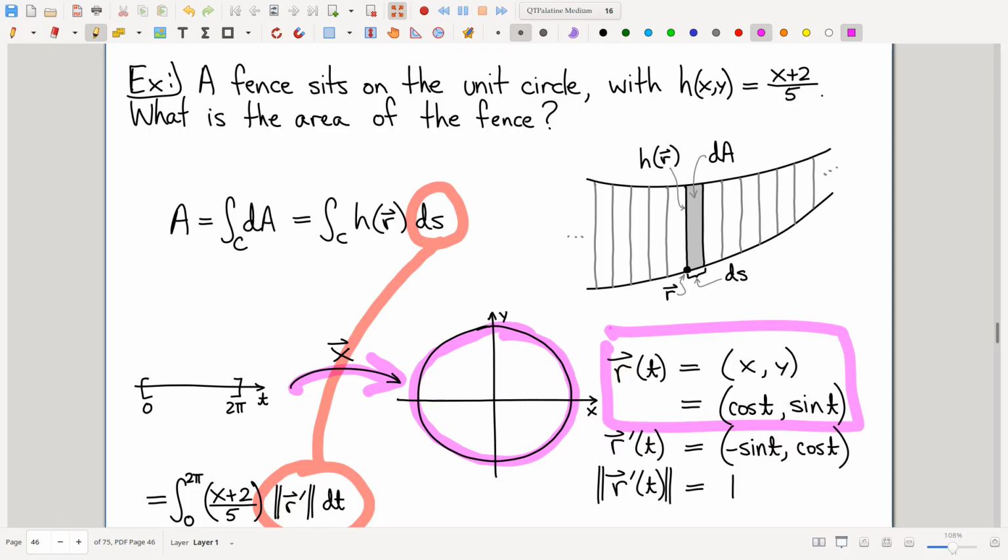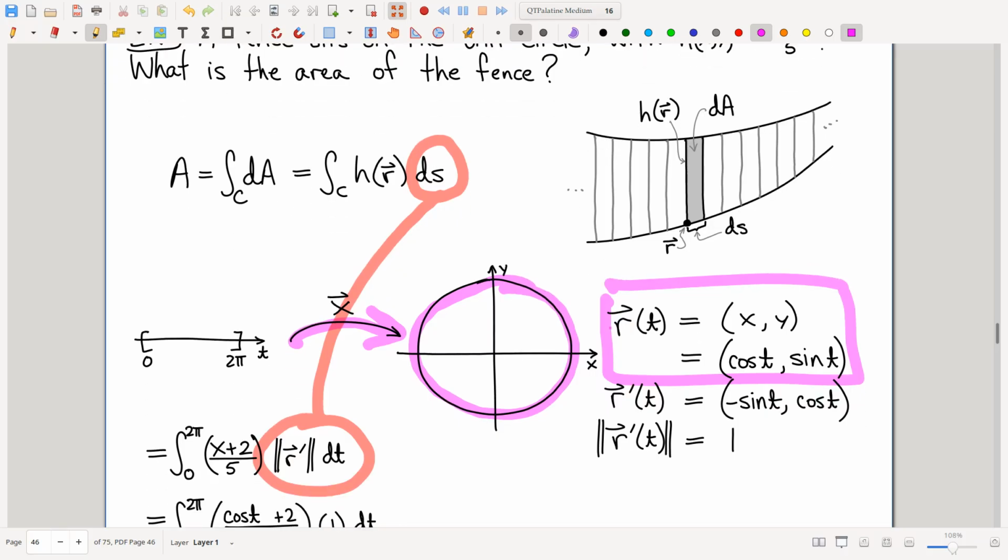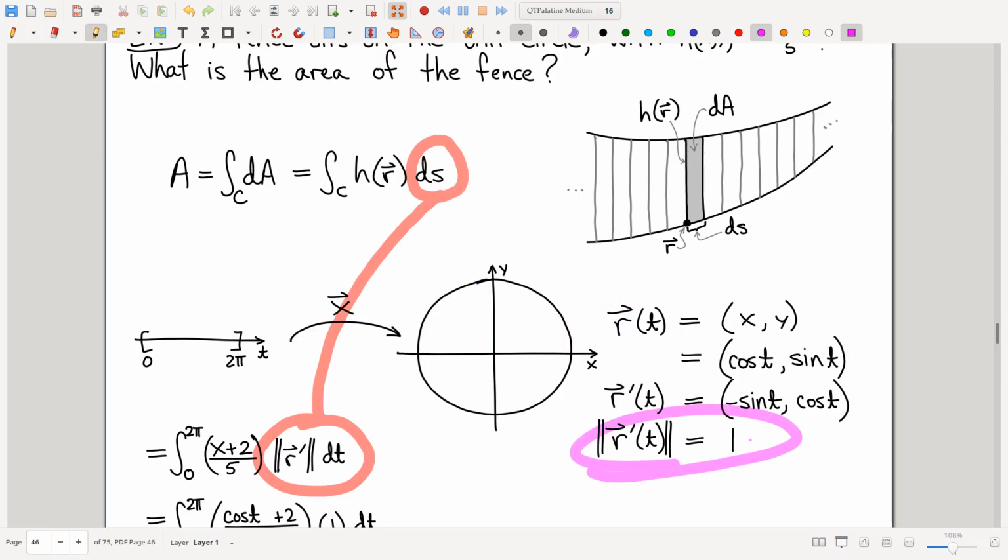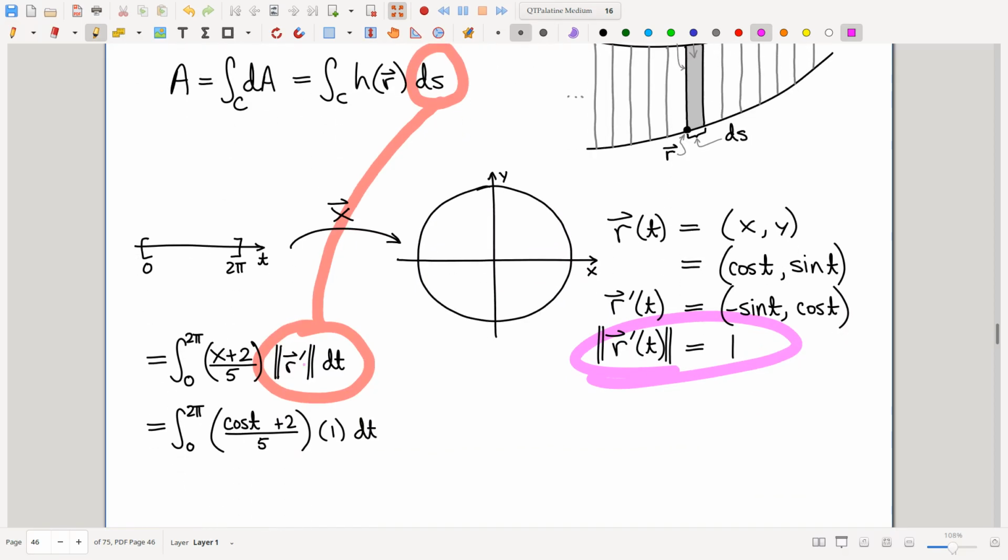Okay. All right, so we parameterize. We take the derivative, we take the magnitude, and you see our stretching factor, our speed, is 1. Everybody good so far?